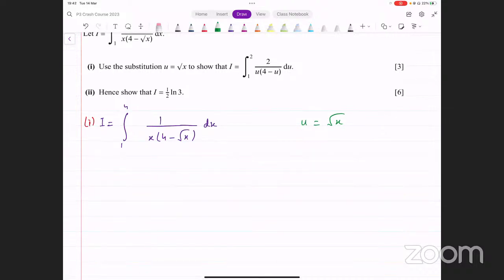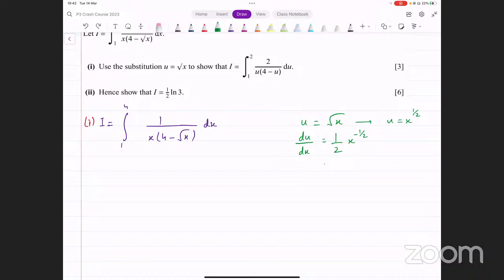All right. Now, the first thing we do is we differentiate it and find du over dx. If u is square root of x, that gives us u equals x raised to power 1 over 2. How do you differentiate that? That's going to be half into x raised to power minus 1 over 2. That's du over dx.